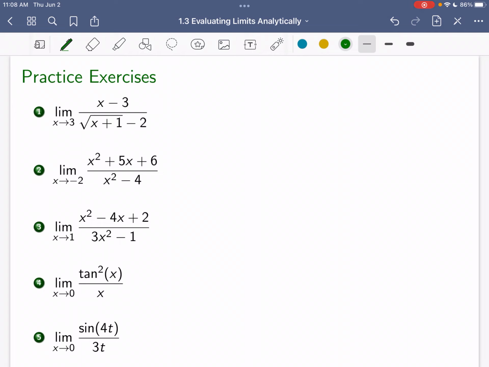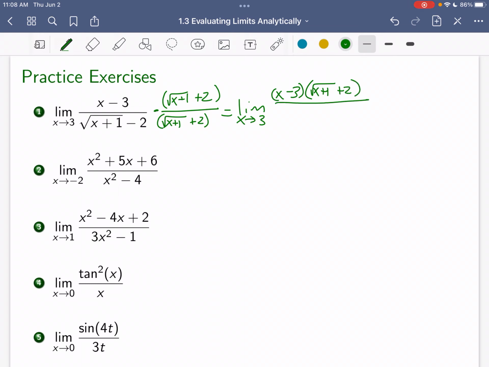So what I would consider doing is multiply by the conjugate of that denominator. So square root of x plus 1 plus 2 over square root of x plus 1 plus 2. If we do that to both the top and the bottom, that top is going to stay x minus 3 times square root of x plus 1 plus 2.